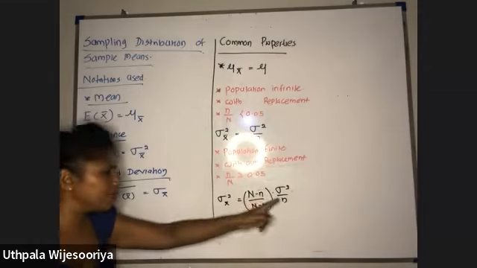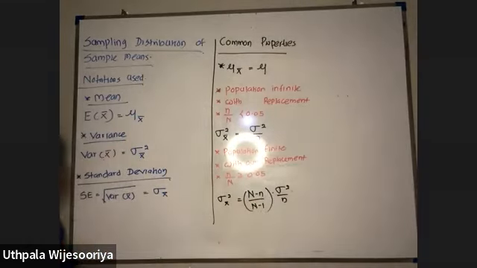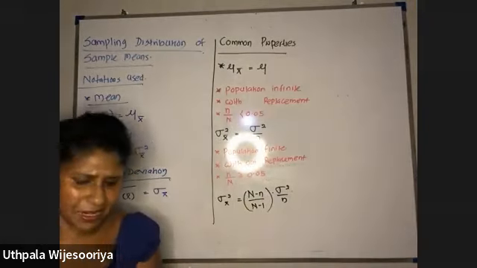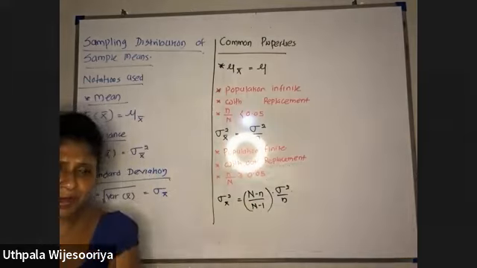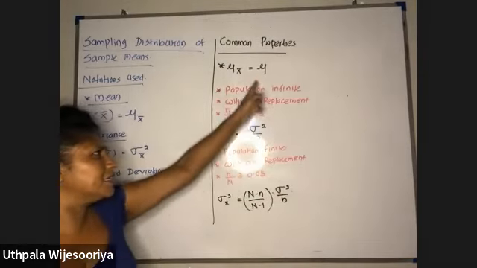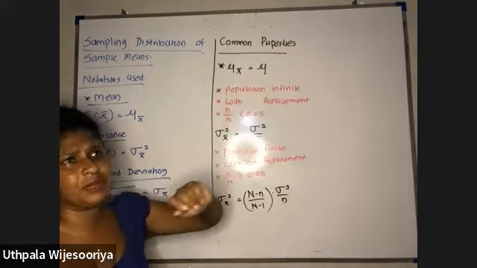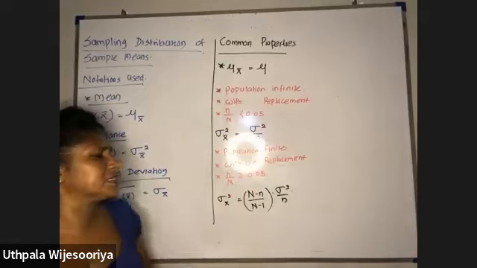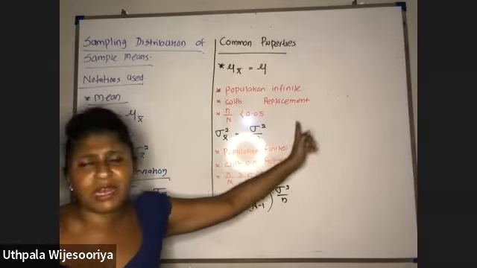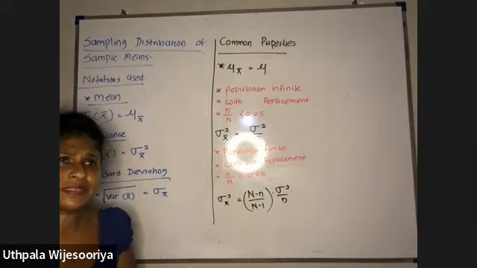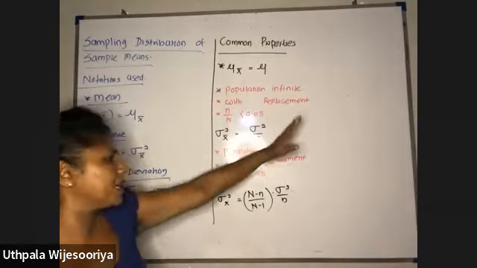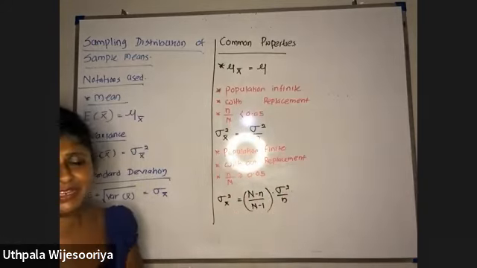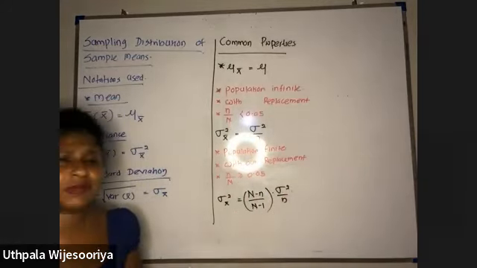Otherwise, you make a correction: population variance over sample size into a correction factor. So that is a very simple way.